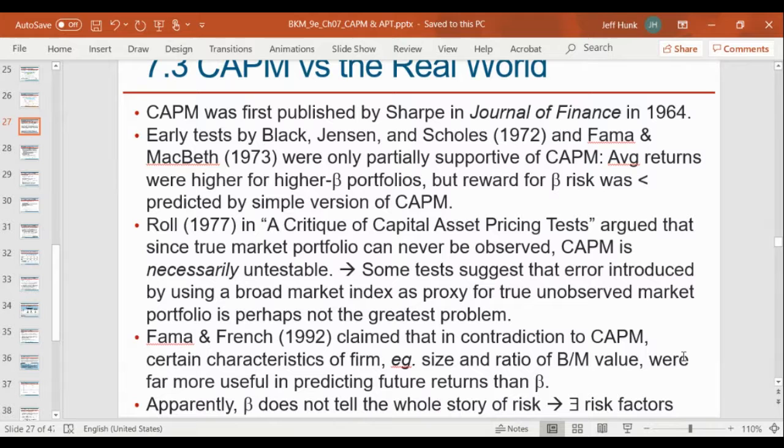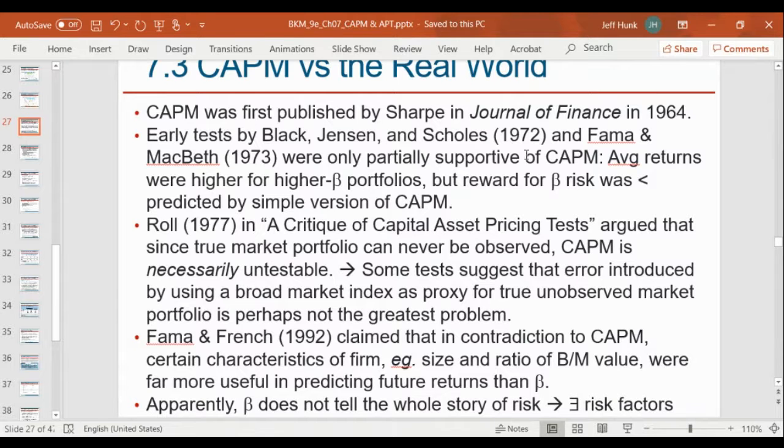So anyway, the early test by Black, Jensen and Scholes, in 1972. Black as in the Black-Scholes model, Myron Scholes. Black and Scholes actually won a Nobel Prize in economics in 1995 or 1996, for their contribution in the option pricing model.